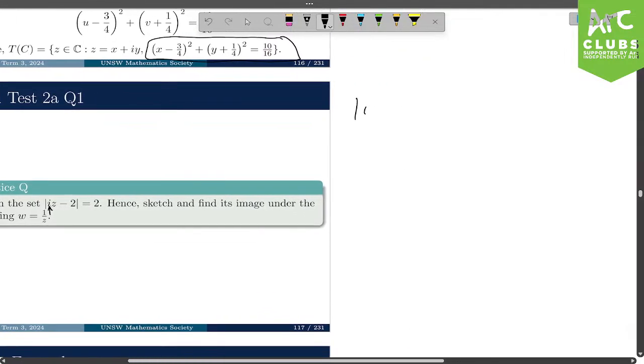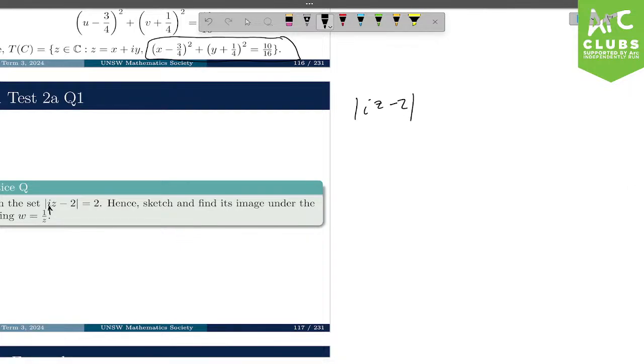If we look at iz minus 2, we have to find the center. The center will be given when the magnitude is 0, and so we say, okay, the center is given by iz minus 2 equals 0. Work it out. z equals minus 2i.